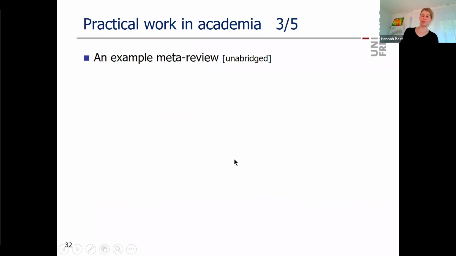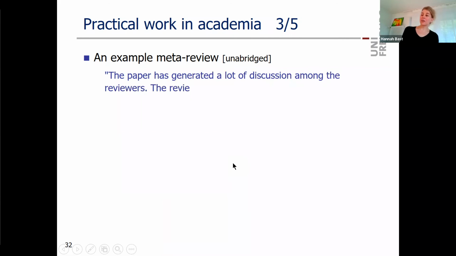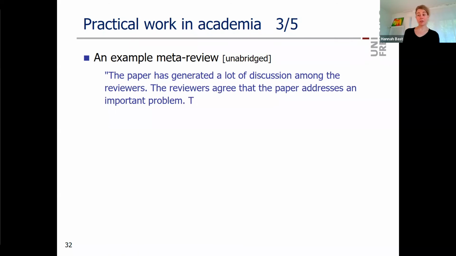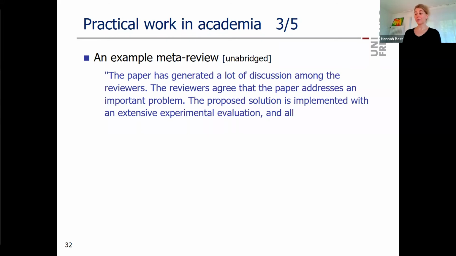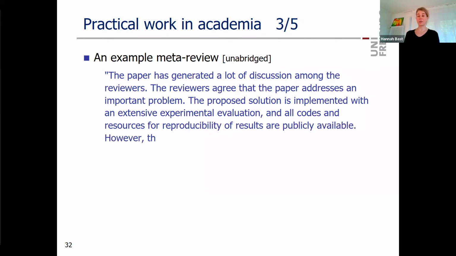Here's an example meta review we get for the kind of work I've shown you. So there it is. The paper has generated a lot of discussion. The reviewers agree that the paper addresses an important problem. Great. The solution is implemented, with extensive experimental evaluation. All the code, resources and reproducibility are publicly available.